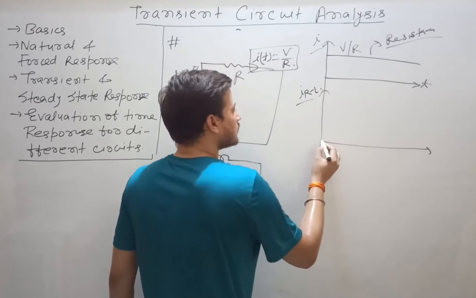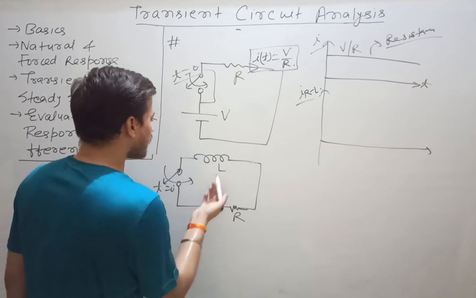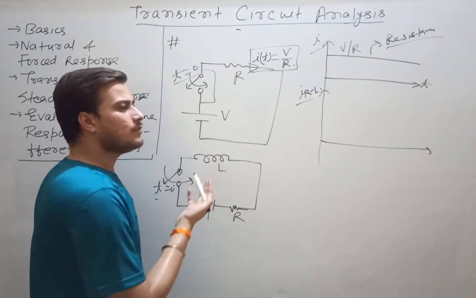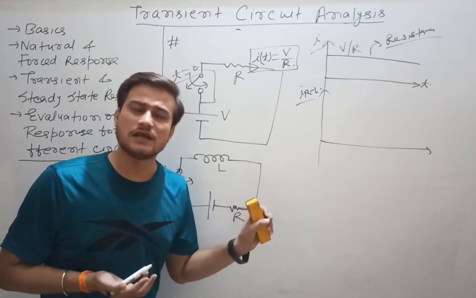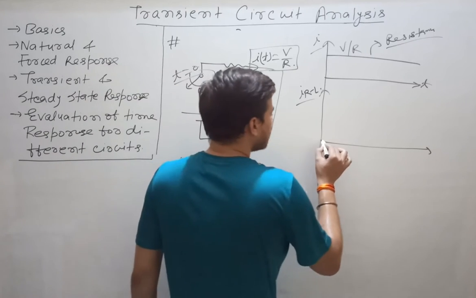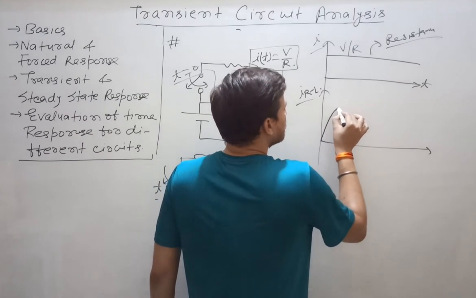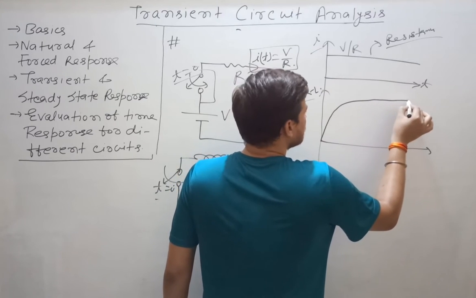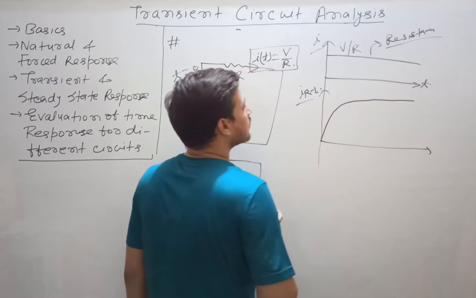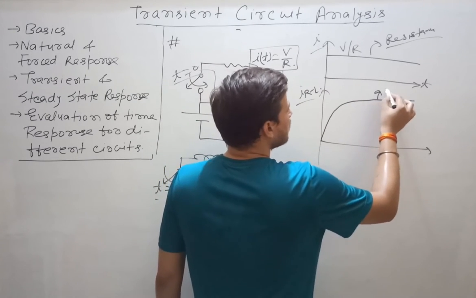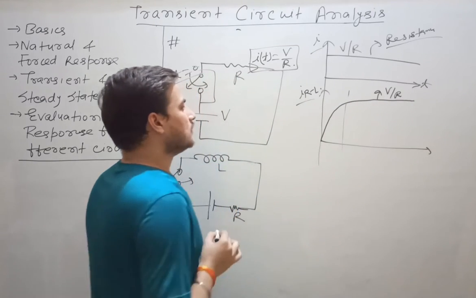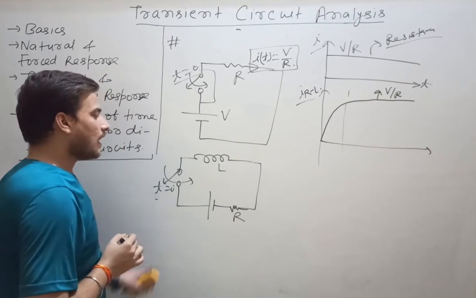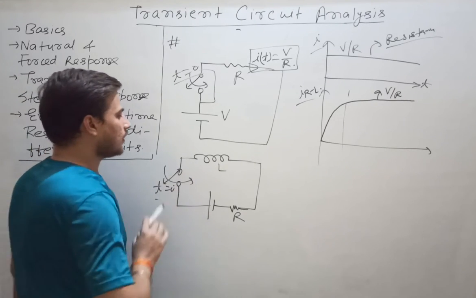You will see that the moment the switch is turned on, the current will still be 0 because an inductor does not allow sudden change in current. So it will take some time to rise to the new value. Here the value will be V by R. So it takes some time to reach the value V by R in the case of an inductor.